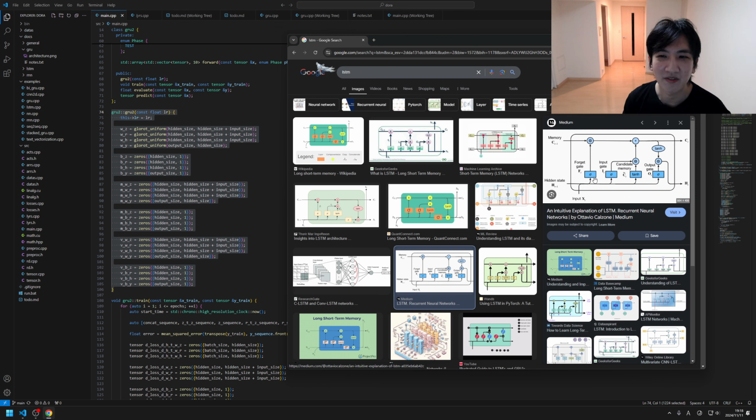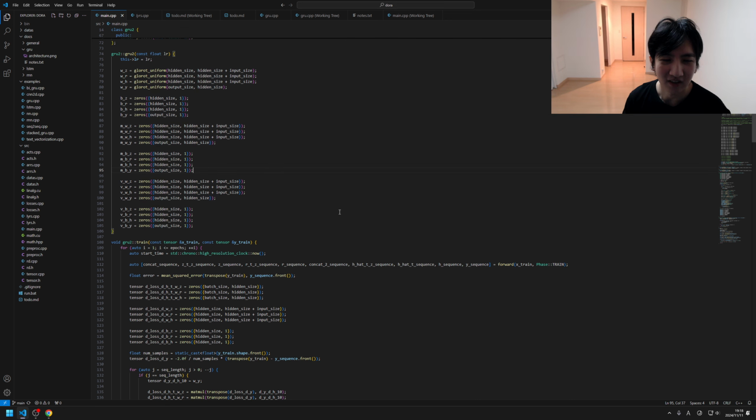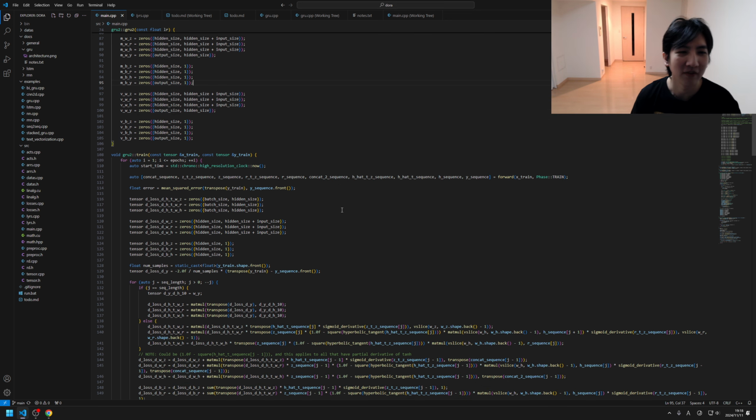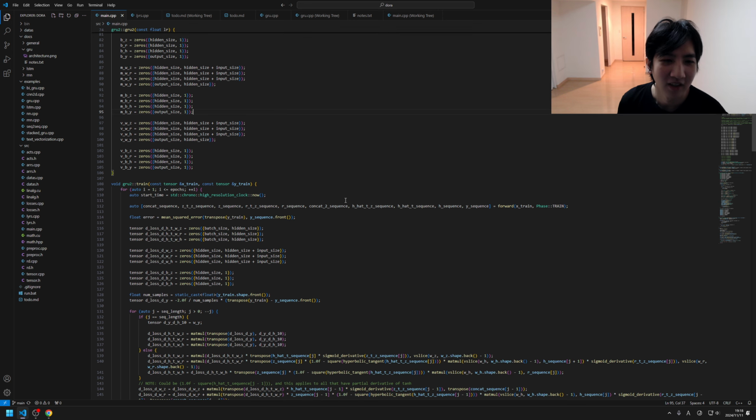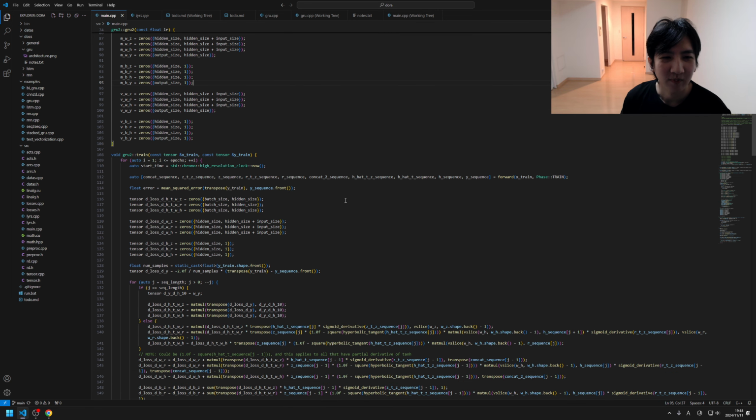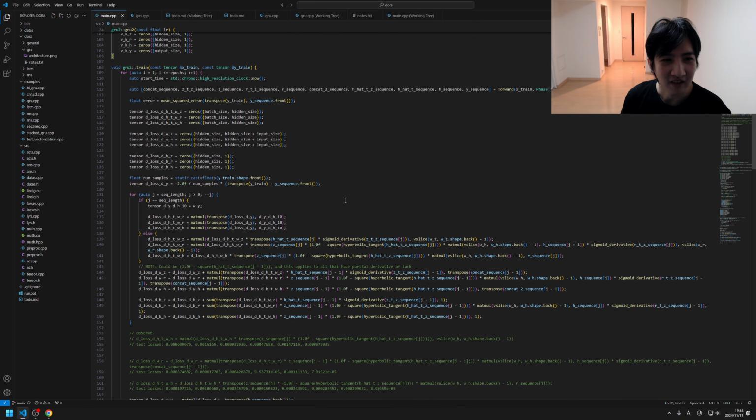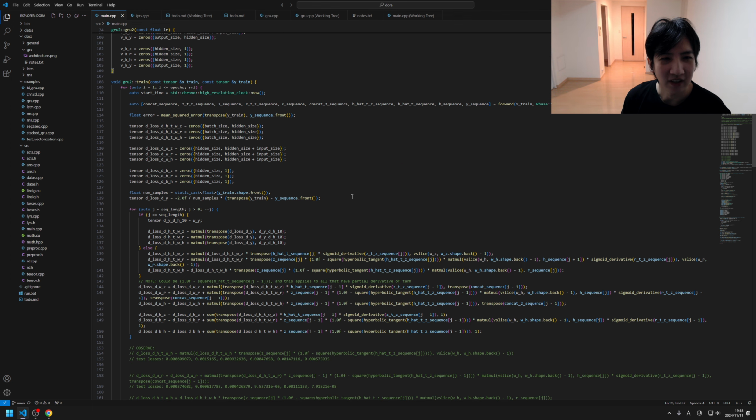So each gate has its own parameters, and also the cell state, which doesn't exist in GRU. So essentially, when you train the model using GRU, it's most likely faster to train.